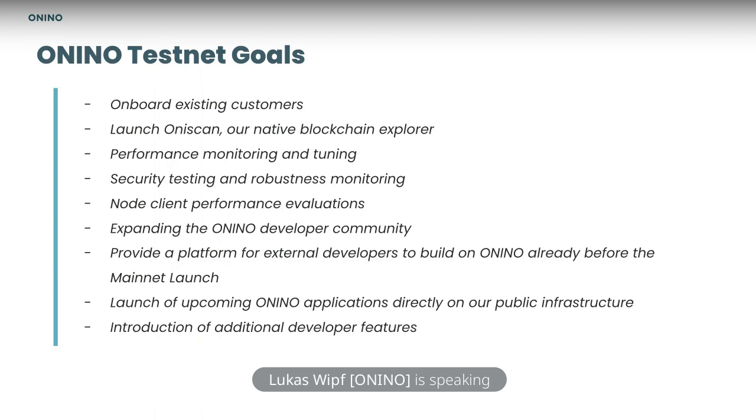Of course, another major goal is the performance monitoring and tuning, so adaptations to the underlying protocol to make it more robust. And also, as in the fourth point, to test out the overall security and the monitoring of overall runtime performance when it comes to many people from many different locations all over the world, and also with many nodes provided from all over the world, how the latency is performing, and how the overall experience is for, on the one hand, developers, and on the other hand, for the users.